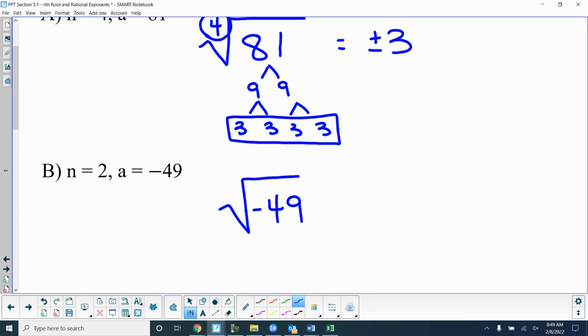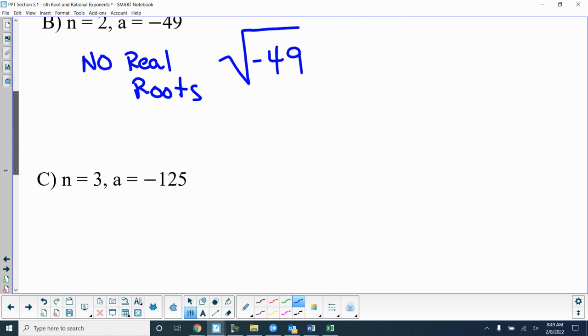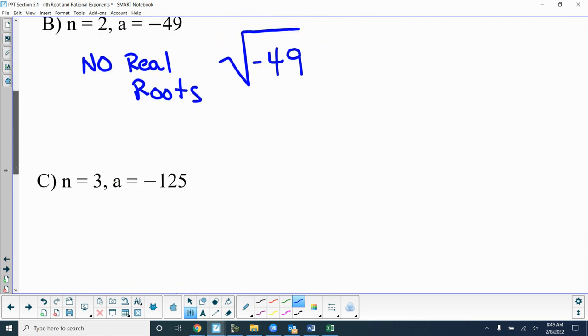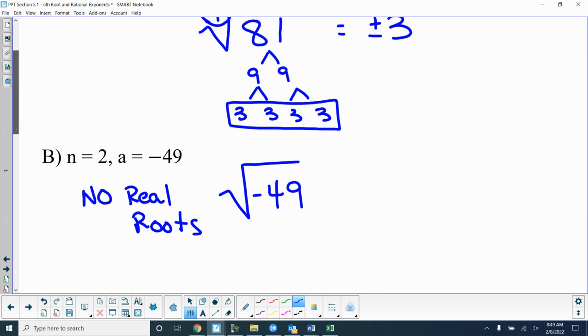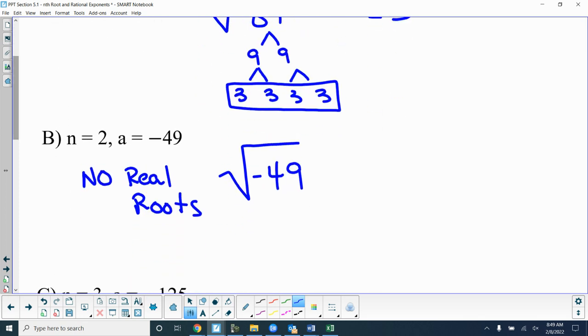So this one, if you have an even index and a negative number, no real roots. You with me? Yeah, so this is just asking, find the indicated real. It's looking for real roots. There isn't any for that. We know there's an imaginary one, right? But there's no real.